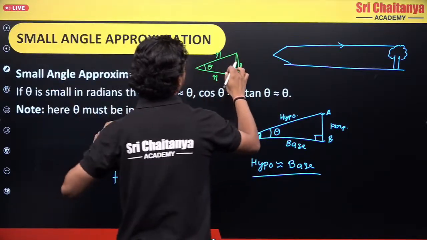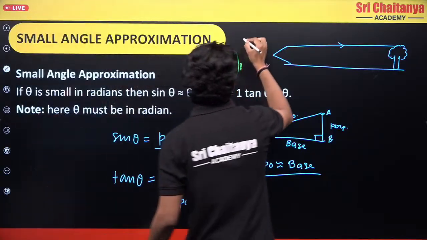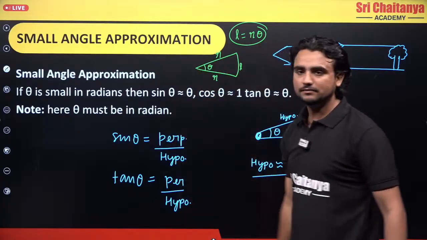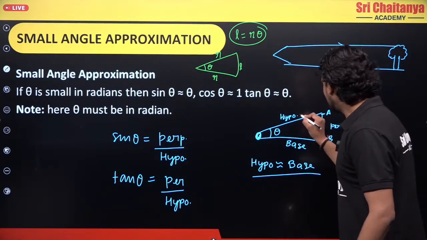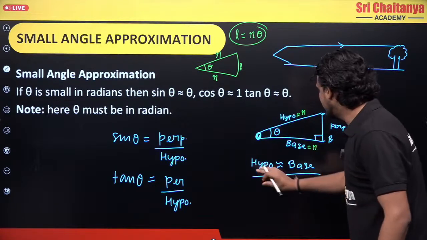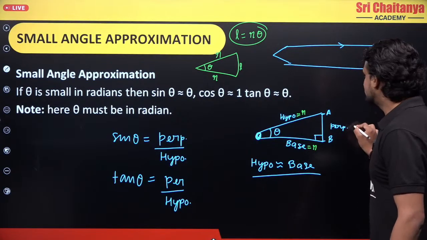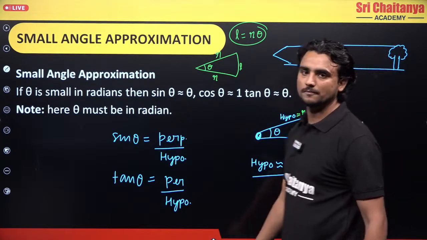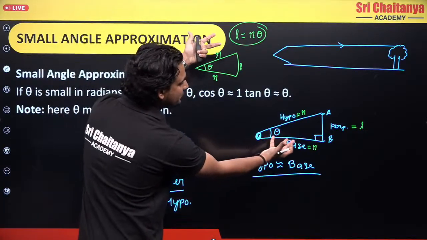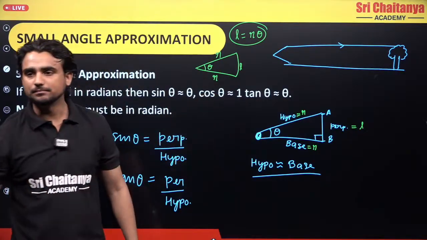This L is equal to R theta, and theta is the angle subtended. If you look here, this length is also equal to R and this length is also equal to R, because I am saying that the hypotenuse is nearly equal to the base here. And this perpendicular is equal to L. So we are taking these two cases and trying to find the similarity between them.